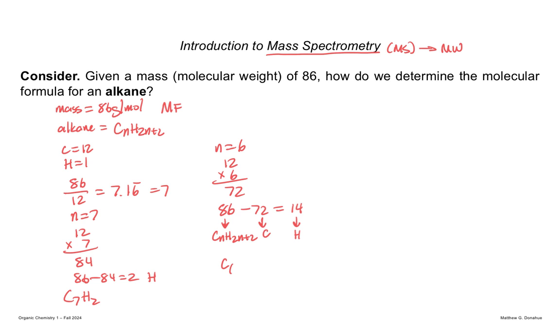So C6H14. And now, does that make sense for an alkane? So when n equals 6, 2 times 6 plus 2, that's 12 plus 2, that equals 14. So this makes sense. So we get an alkane formula.